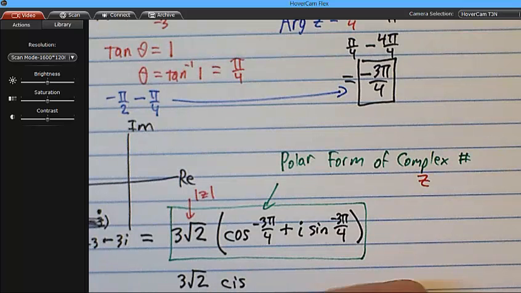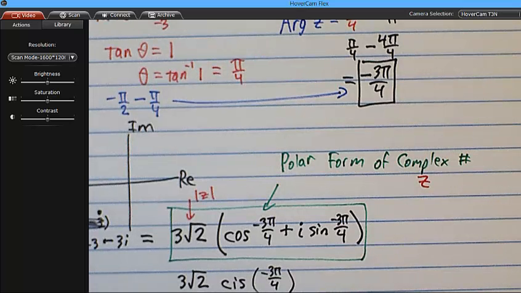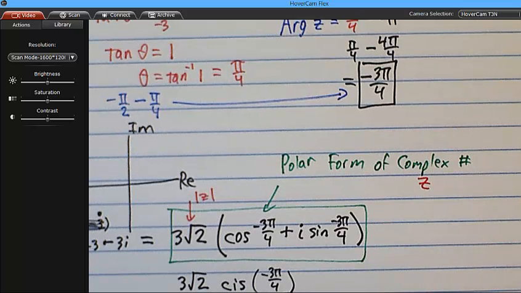And then you just put the angle here, negative 3 pi over 4. Okay, so that's the book's abbreviation. But all you really need to know is that this is the modulus, that's like my r, and this is the argument, that's like my theta. Okay?